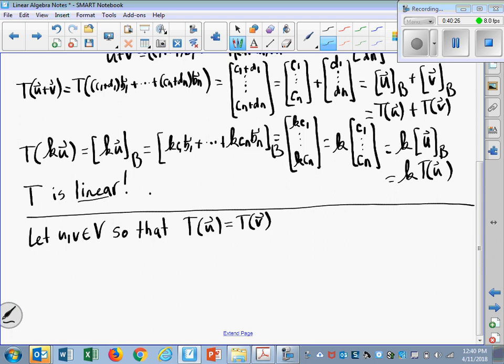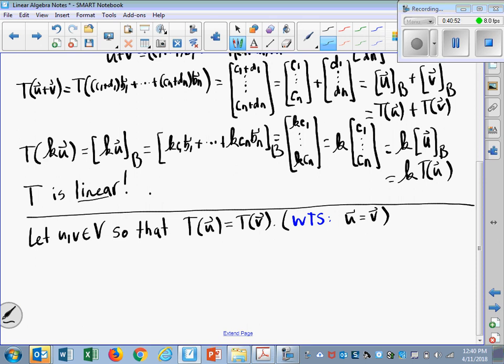So one-to-one means that if you choose two things in the domain and they map to each other, then they have to be the same thing themselves. Just like 2 squared is 4, and negative 2 squared is also 4. So two things that map to the same thing, but they're not the same thing. That's why x squared is not one-to-one.